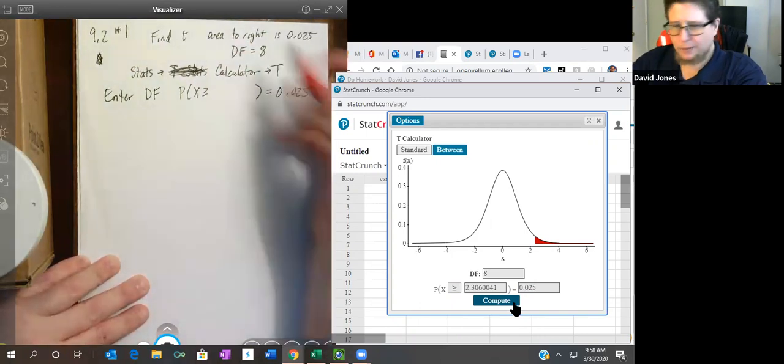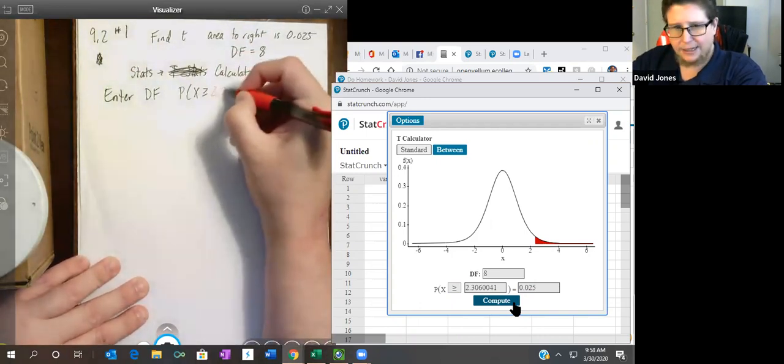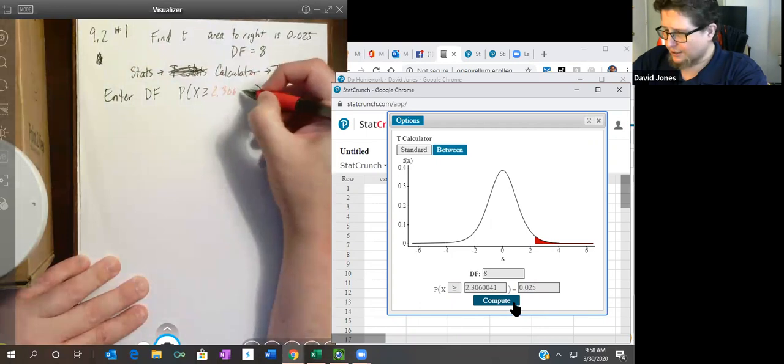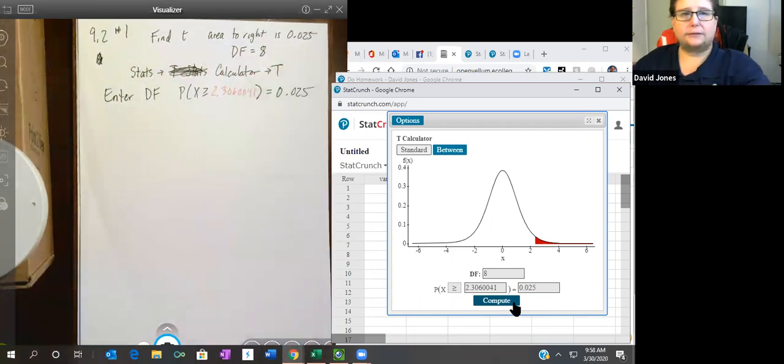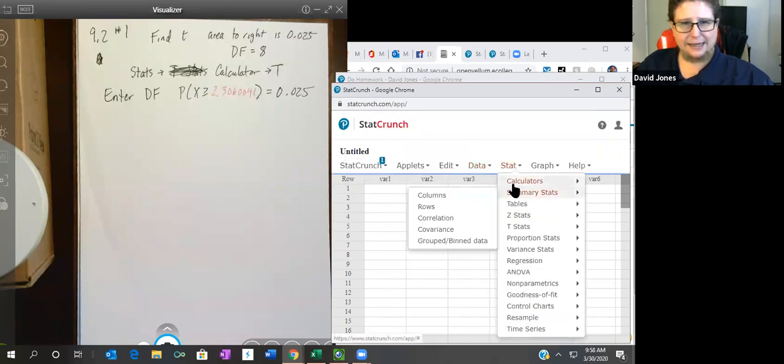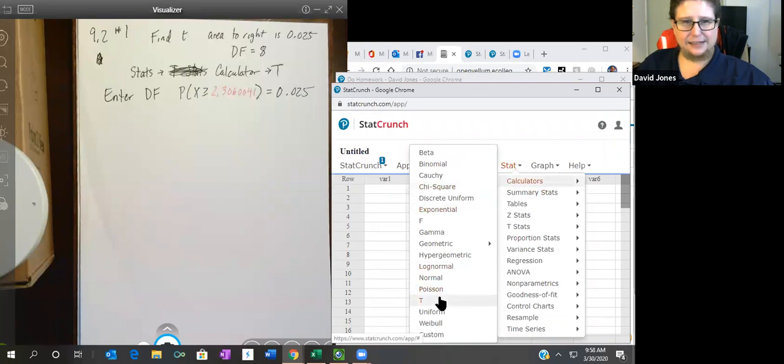And for me, it spits out 2.3060041. I don't know how many decimal places it needs, so I'm writing it all down. Again, this was stats calculator t.